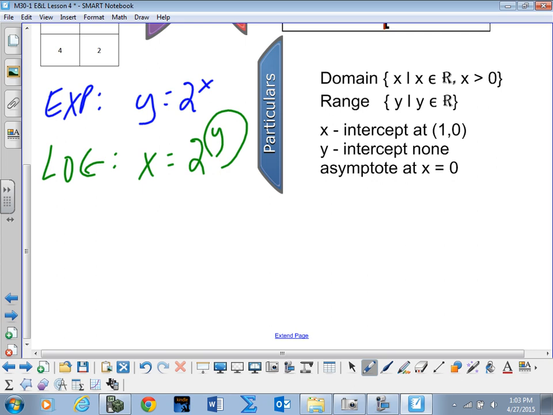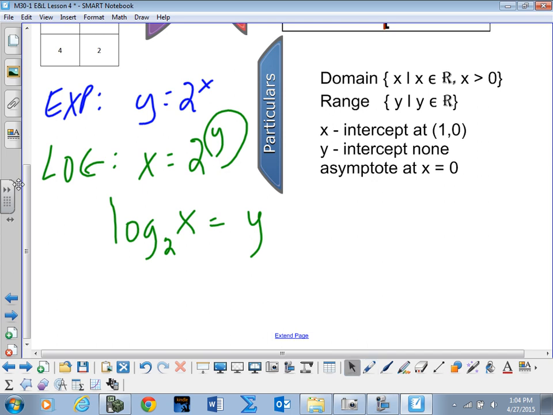Well, we've never done that before. And mathematicians were stumped when they came to the inverse of the exponential. So they decided to introduce a way of isolating the exponent. And that's where logs came from. Log base 2, this example is base 2, of x equals the exponent y.